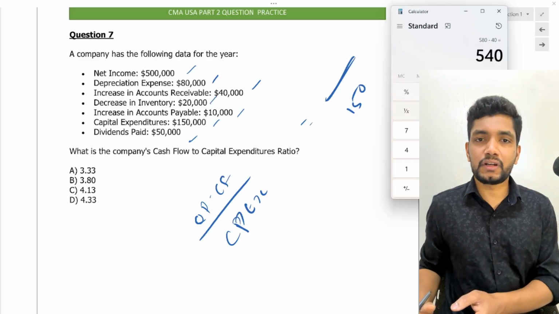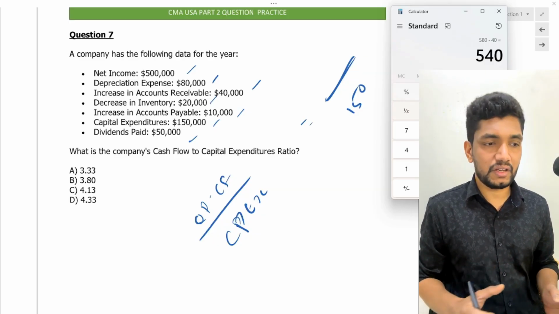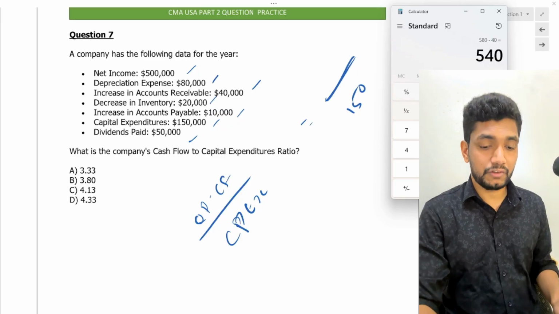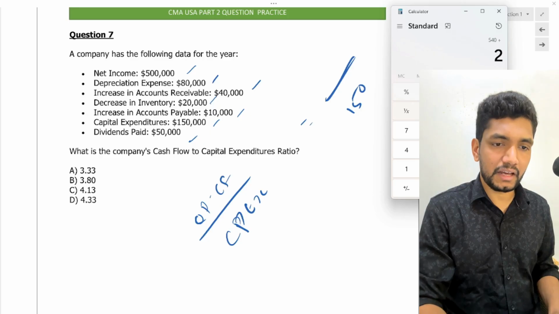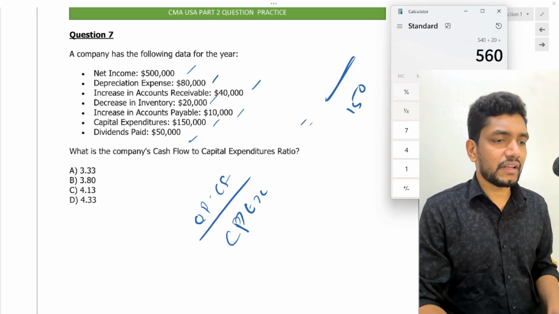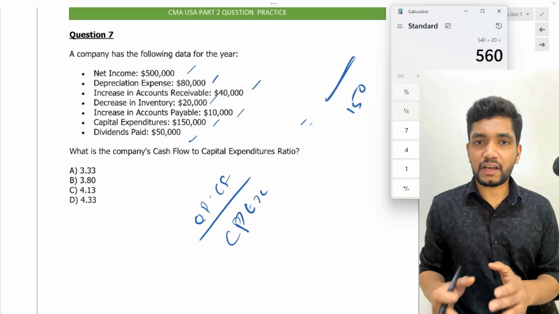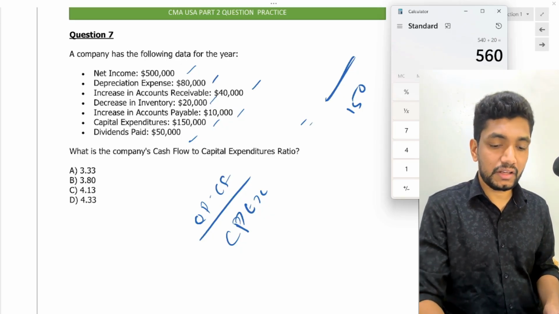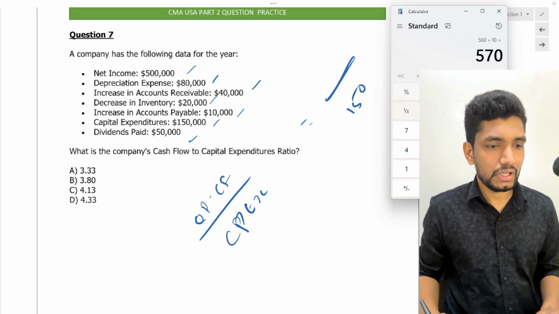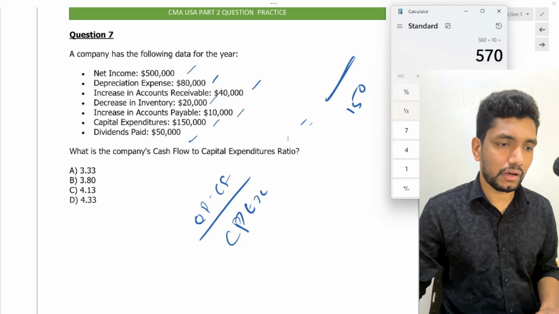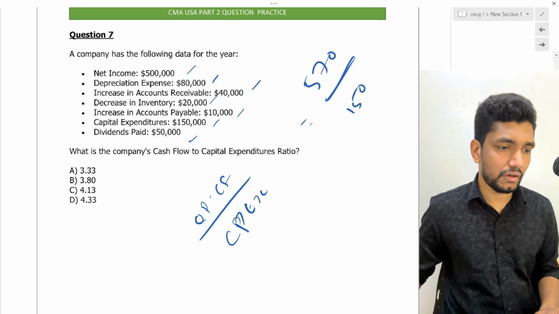Then the decrease in inventory. A decrease in inventory is a decrease in current assets, so definitely there would be a positive impact. So you have to add that back. And the increase in account payable. Account payable is a current liability. If there is an increase in account payable, definitely it should be added. So it is 570,000.